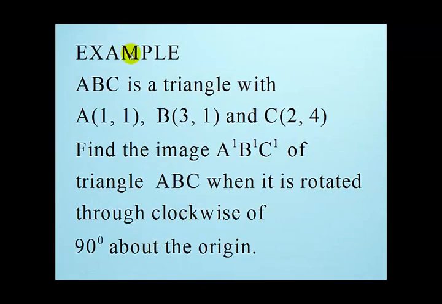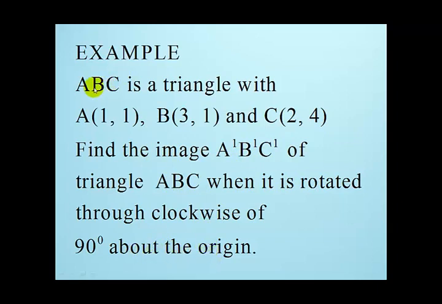Now example: ABC is a triangle with A(1, 1), B(3, 1), and C(2, 4). Find the image A', B', C' of triangle ABC when it is rotated clockwise through 90 degrees about the origin.